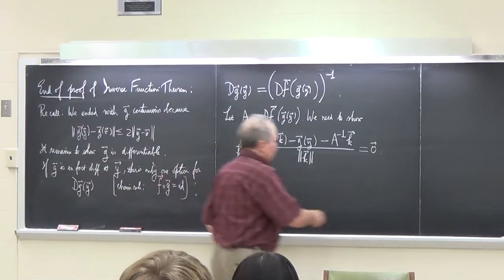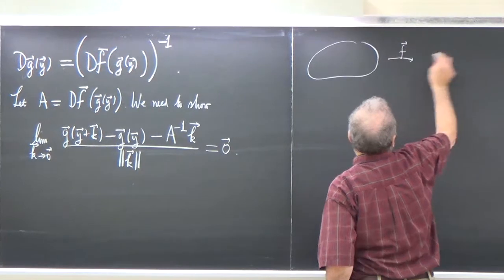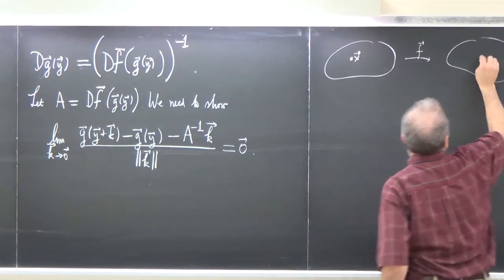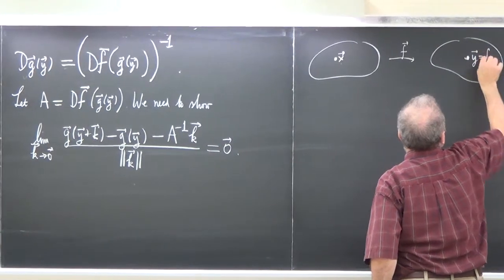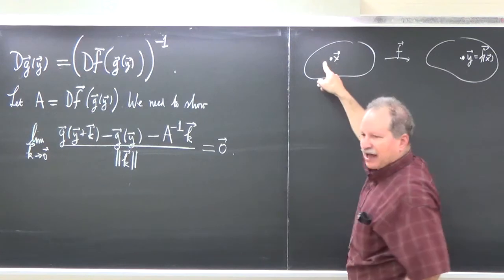So let's draw a little bit of a picture so we don't lose our minds completely here. So here's x, it's mapping to y. So G of y is going to be x again.